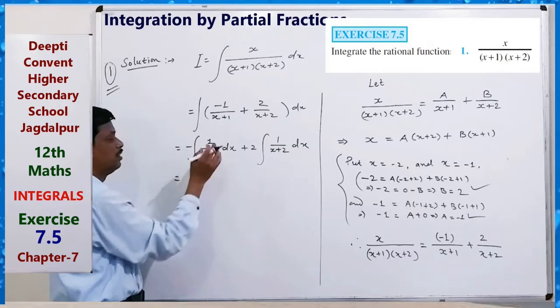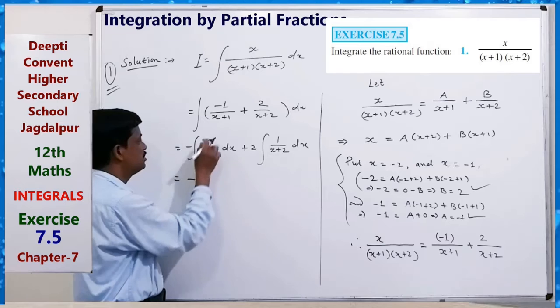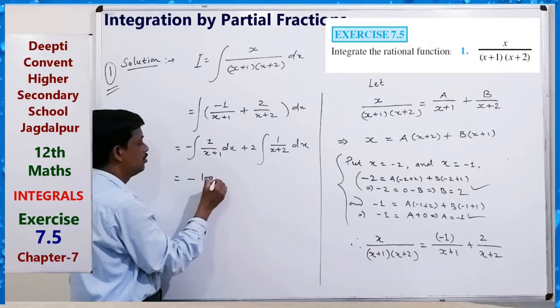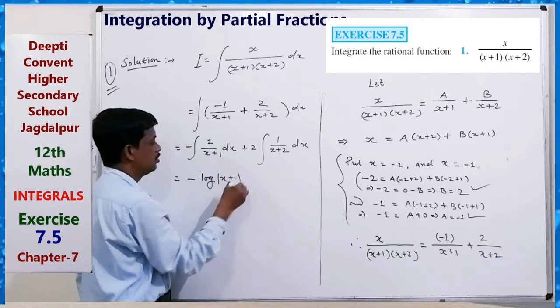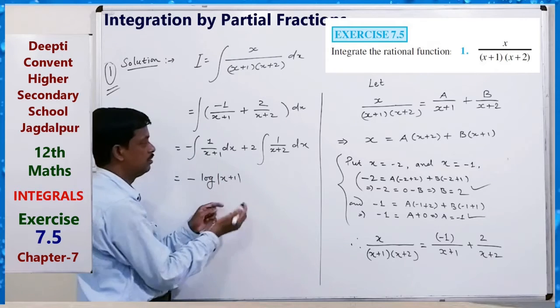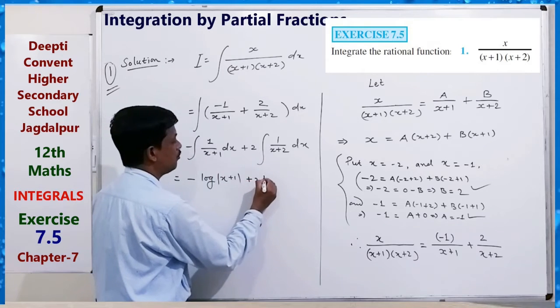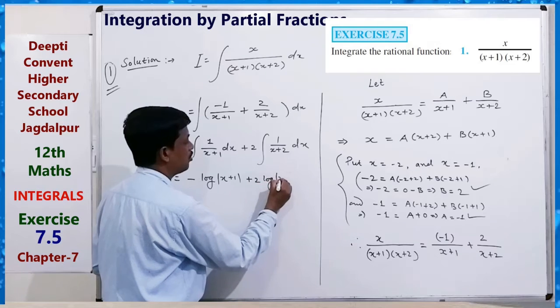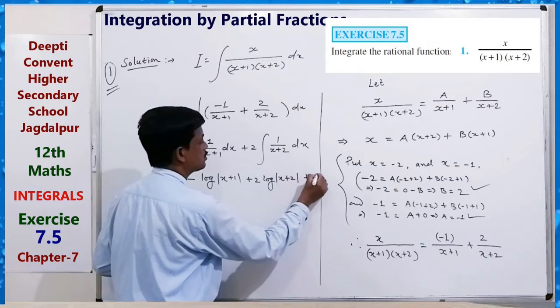So this is 1 upon a linear factor. So we know this is log of mod x plus 1 divided by the coefficient of x, meaning 1, plus 2 log of mod of x plus 2 plus constant.